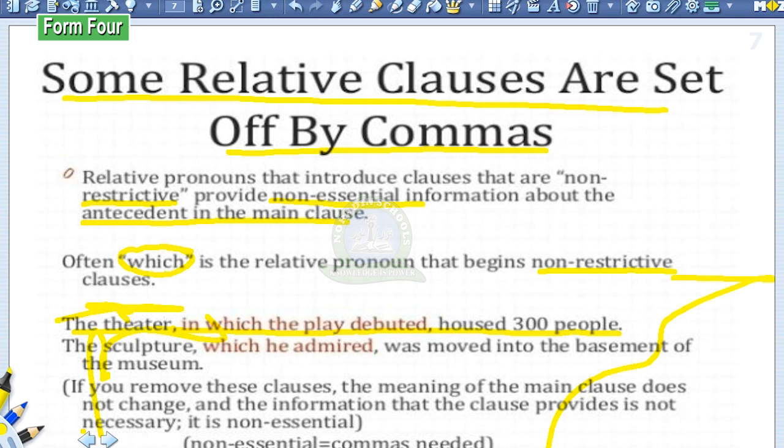So in your examination, if I put a slash or dash and ask which is correct, that or which, and you have two commas, always use which, because you have a non-restrictive clause.